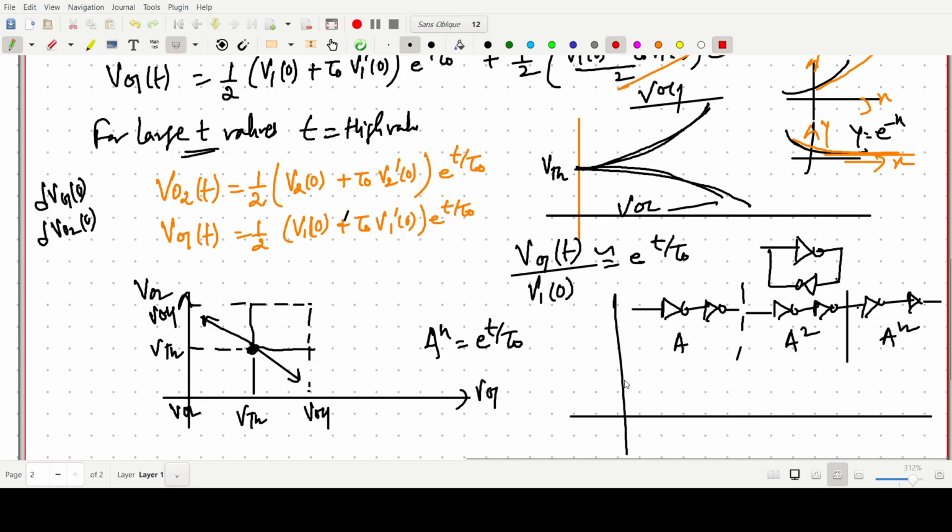If it has some unstable point, it will behave the same way if more bistable elements are considered, so it will go like this. So this one is all about this theory.